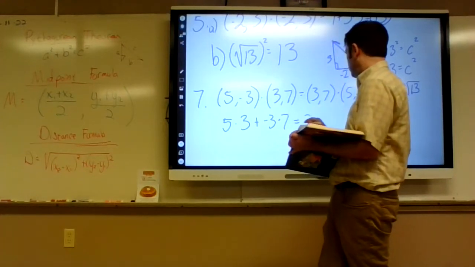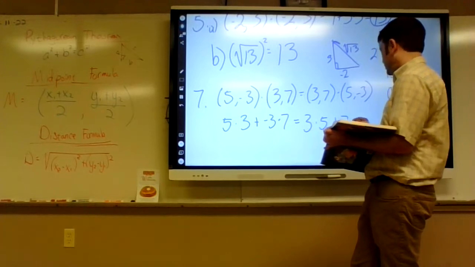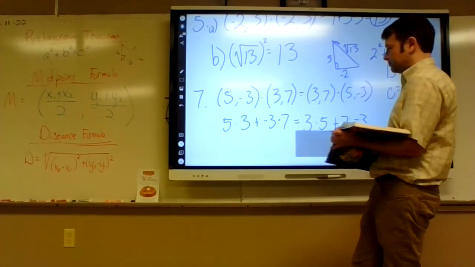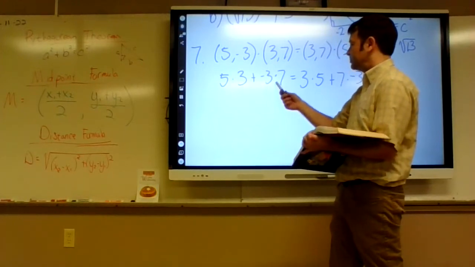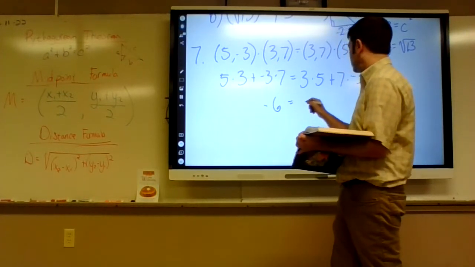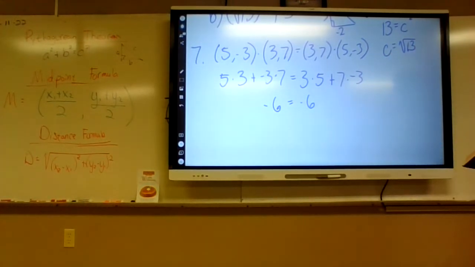You're just showing that the order of multiplication doesn't matter. They both come out as 15 plus -21. The order of the dot product doesn't matter.